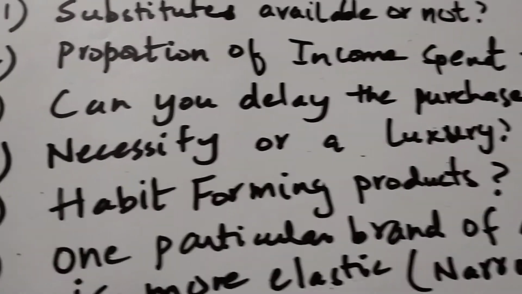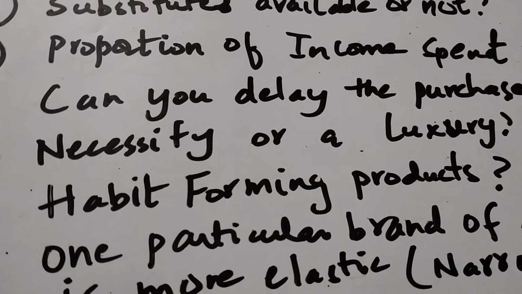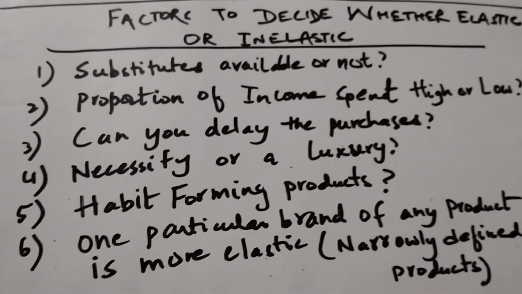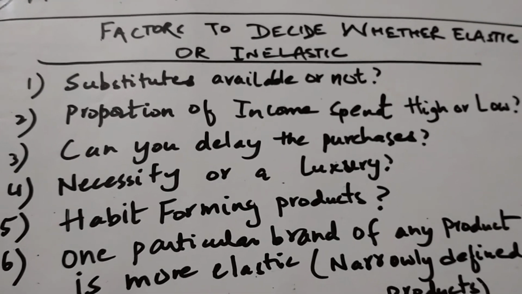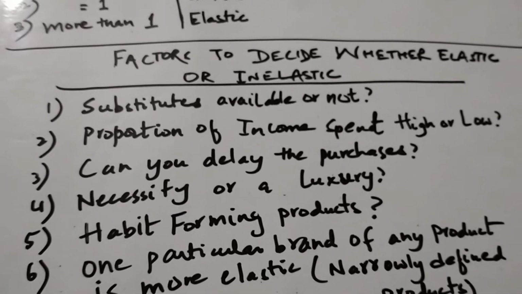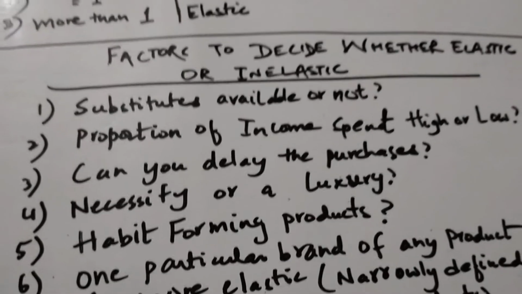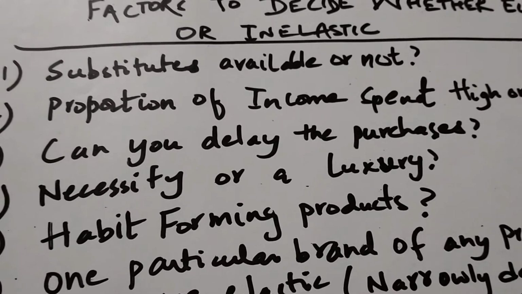Necessity or a luxury, next point, number four. It is quite obvious that the goods or services which are considered necessities have price inelastic demand. Luxuries, you can always have substitutes available, or you can delay the purchases, so they will be price elastic in nature.